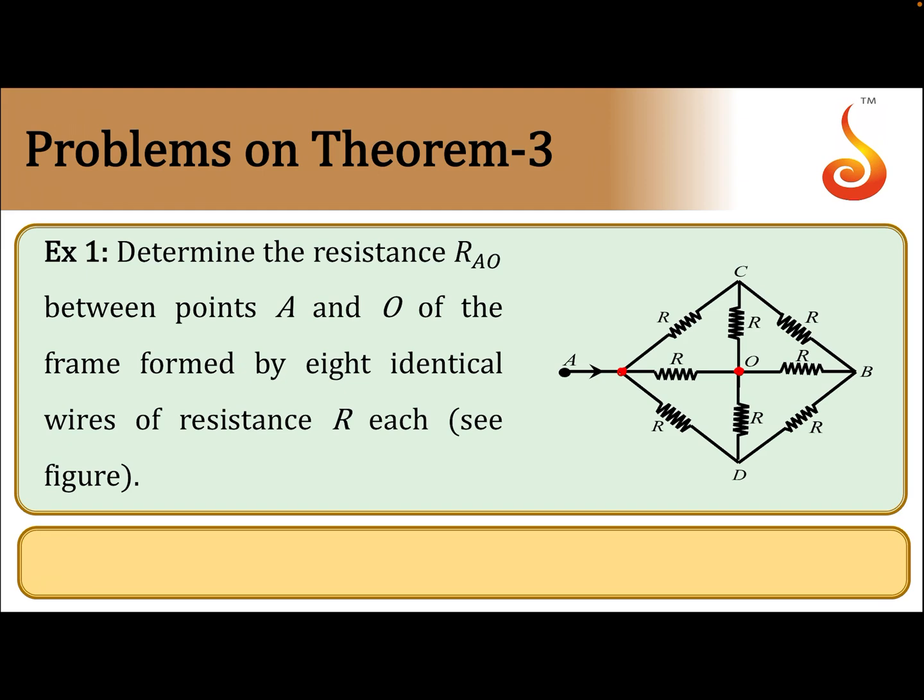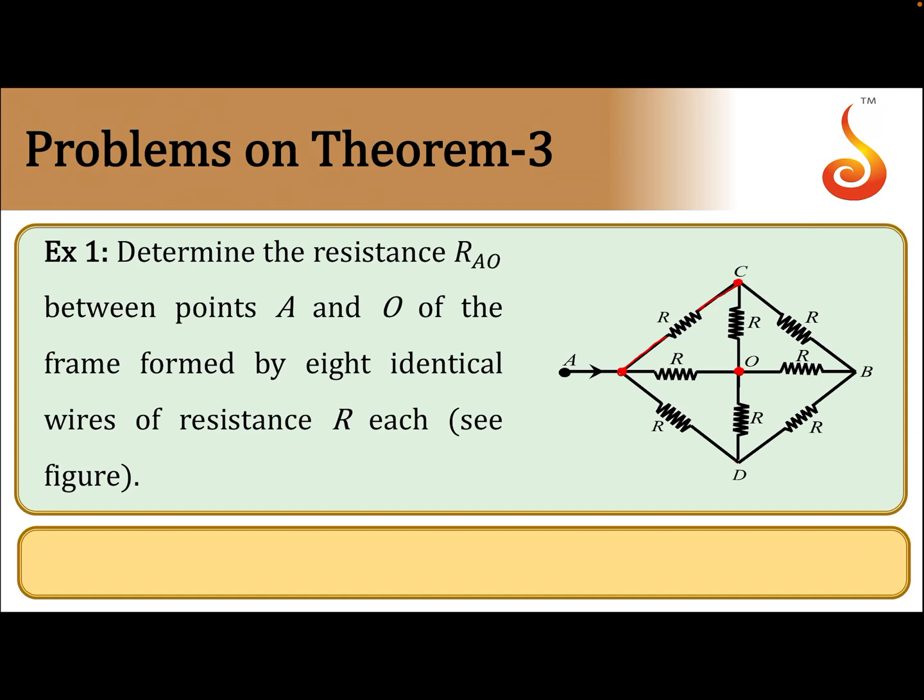Now if we consider input and output, point C we reach after crossing one resistance from A, and point D also we reach after crossing one resistance from A. So with respect to A, C and D are symmetrically located.